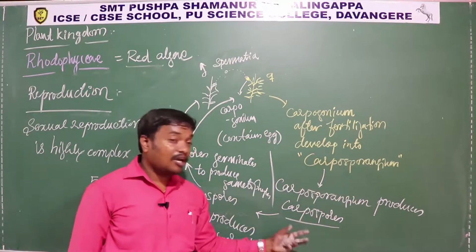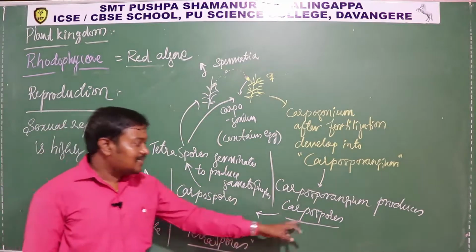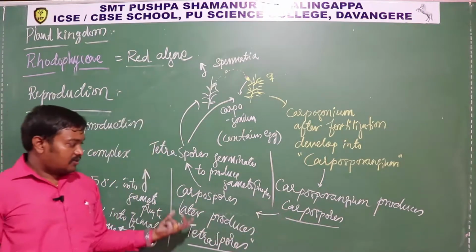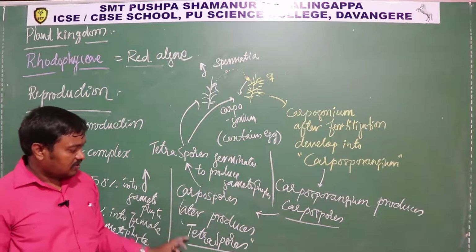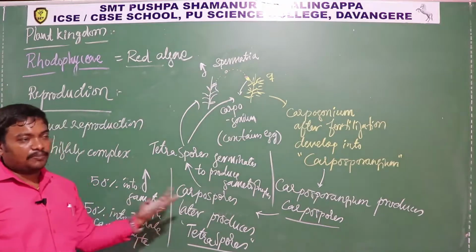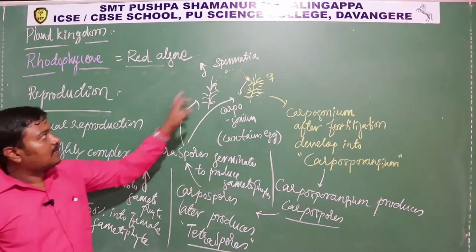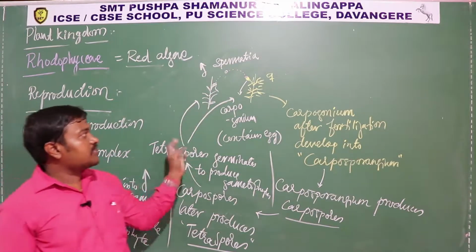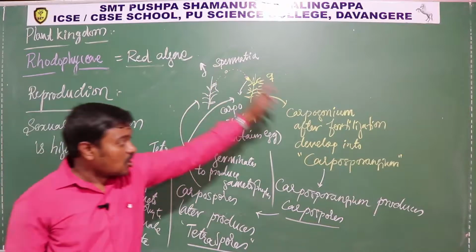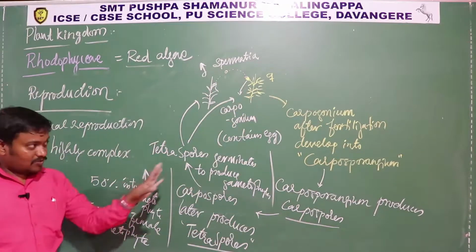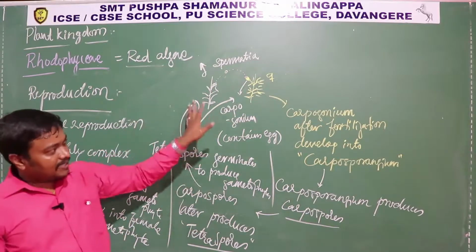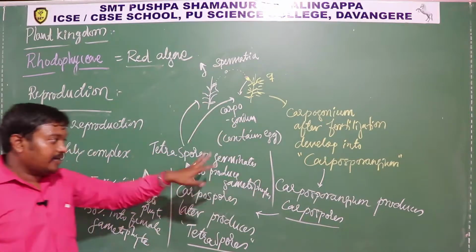Carposporangium produces carpospores. You can remember these carpospores later by meiosis produce tetraspores. It produces 4 spores upon meiosis. So these tetraspores are released and 50% develop into male gametophyte and 50% develop into female gametophyte. This is the complex structure. Of course what I explain is very simple, but it is very complex, so it's not required that much.